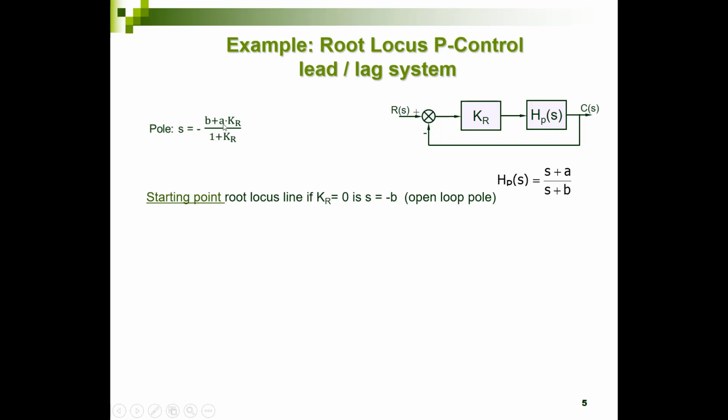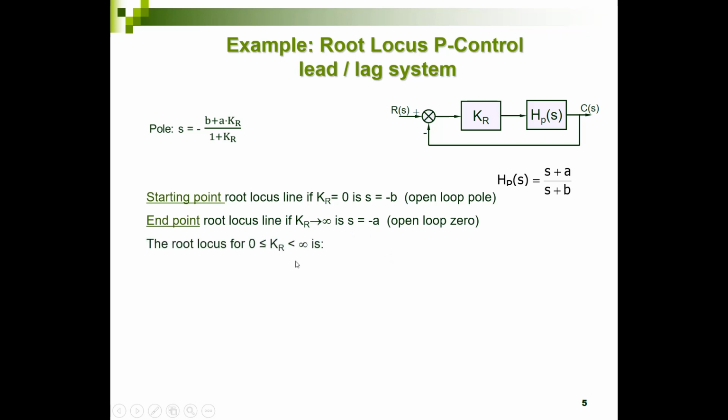So then we get A times kr divided by kr, which is A. So the pole for kr is infinity is at S is minus A. And from the equation of my open loop system, HP, we see that S is minus A is the location of the zero of my open loop system. So at kr is infinity, the position of the pole of my closed loop system is the zero of my open loop system, so it's at S is minus A.